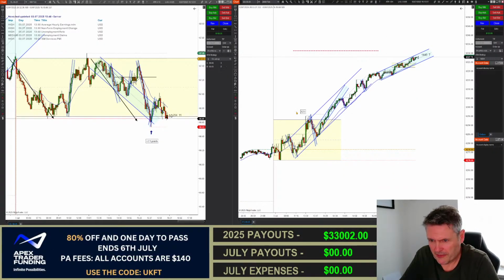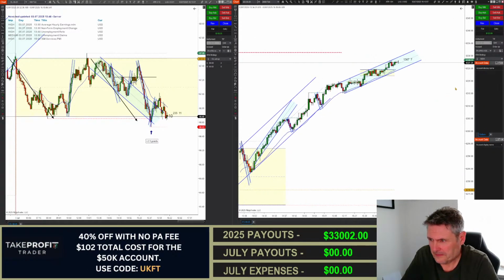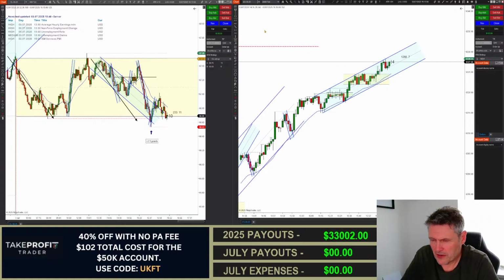We pushed above it, maybe had a couple of bounces, and then it just slowly took off. Trouble is, we've got nothing to bounce off now, really, have we?